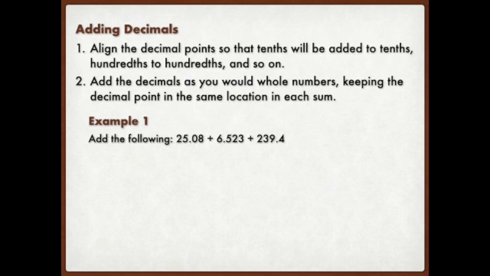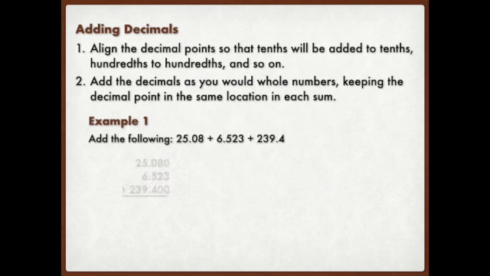These are all different size numbers, and you can see there are more numbers to the right of the decimal point for the 6.523 and more digits to the left for the 239.4. So we're not going to line them up by how many digits they have, but we're going to match up the decimal points.